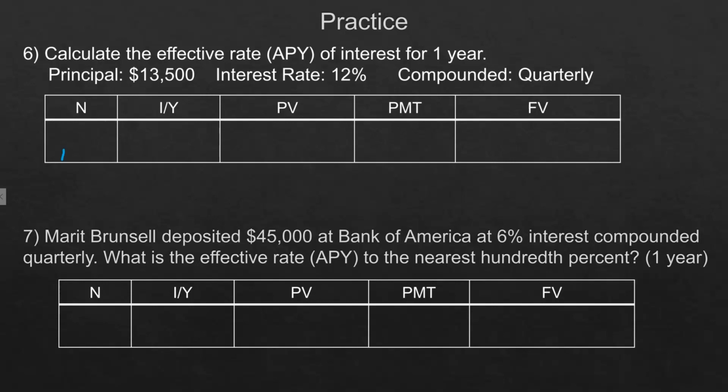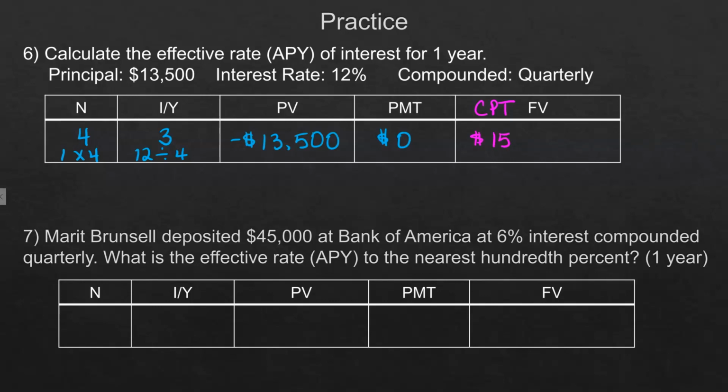So it's going to be 1 year times 4 because it's quarterly. 12% divided by 4, so it's going to be 3% interest. We are investing $13,500 and our payment is 0. We compute future value to find that, and then we'll talk about the APY part.